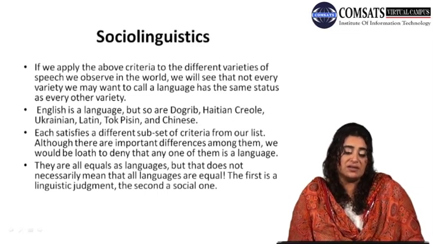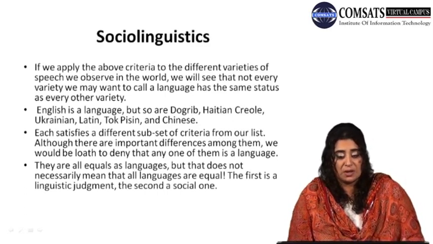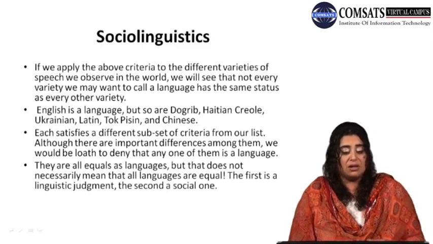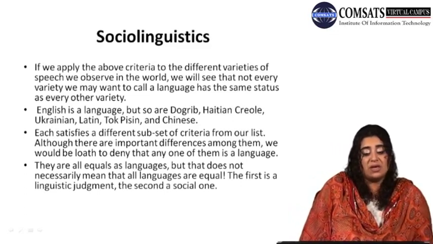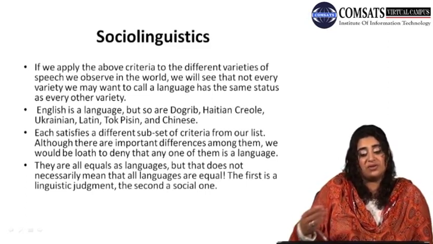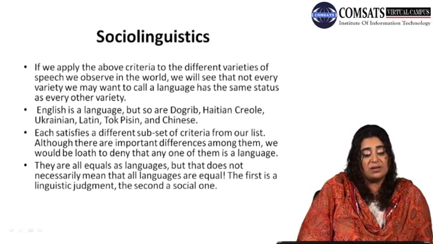Each satisfies a different subset of criteria from our list, although there are important differences among them. We would be loath to deny that any one of them is a language. They are all equals as languages, but that does not necessarily mean that all languages are equal. The first is a linguistic judgment, the second is a social one.